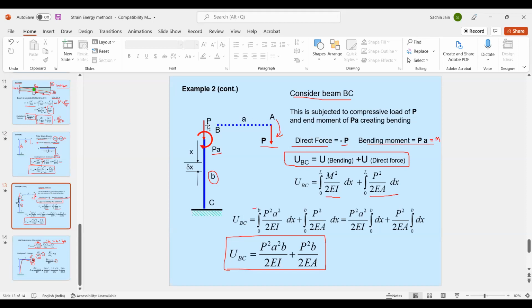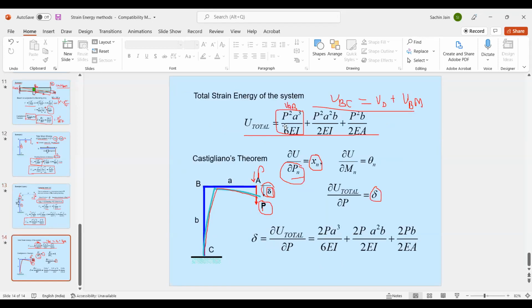So UBC will be M squared upon 2EI dx plus P squared upon 2AE dx. We calculate UBC by the normal procedure I have already explained. Now the total strain energy is the summation of UAB plus UBC.